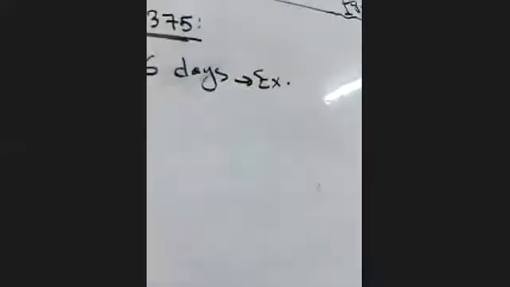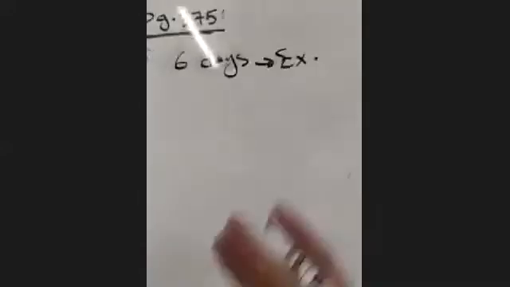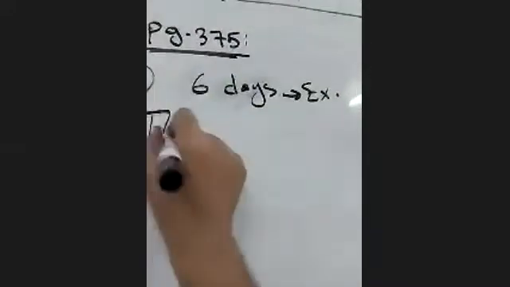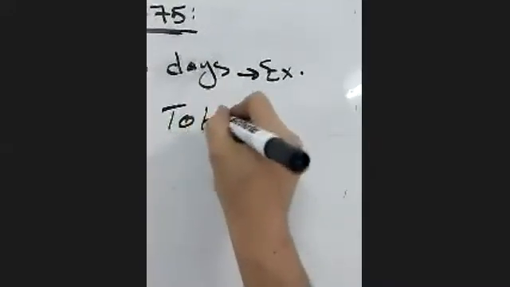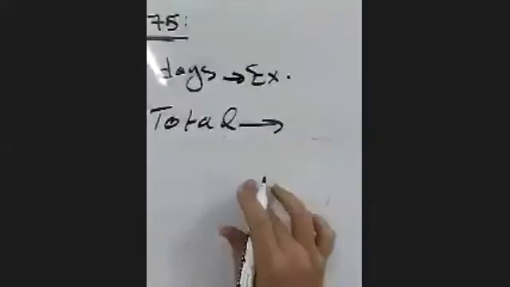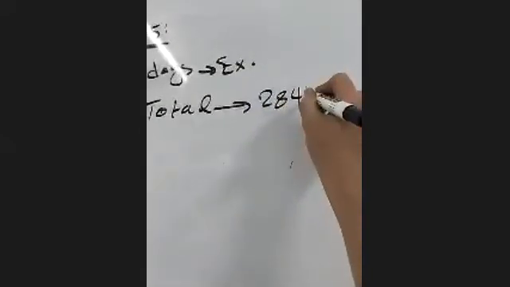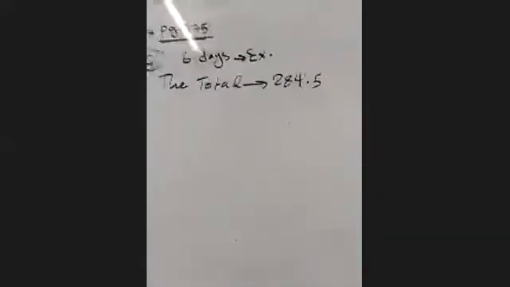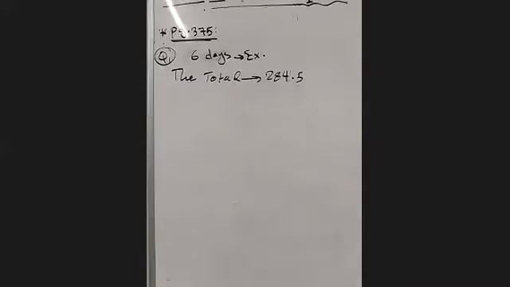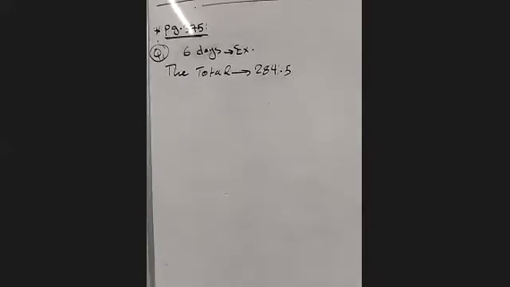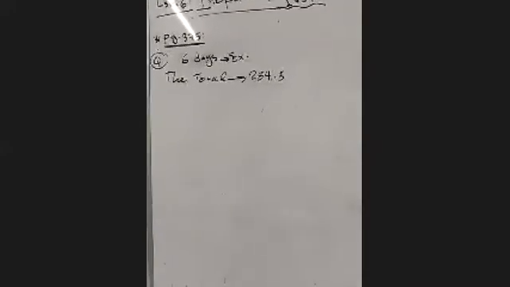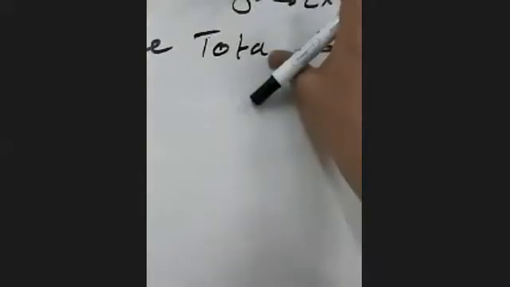Okay, continue. The total of calories she burned is how much? 284.5. Good. Continue. Write a division equation that could be used to find the total number of calories she burned this week.